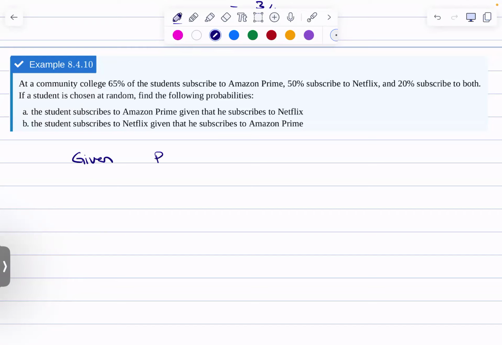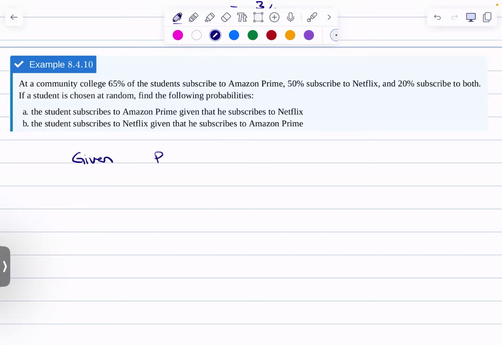And so you would have your P and your N, and then you'd have your probability of 0.20 in the center, which means that this area for Netflix would be 0.30, and for Prime, it would be 0.65 minus 0.2, putting me at 0.45. So you could do it that way.